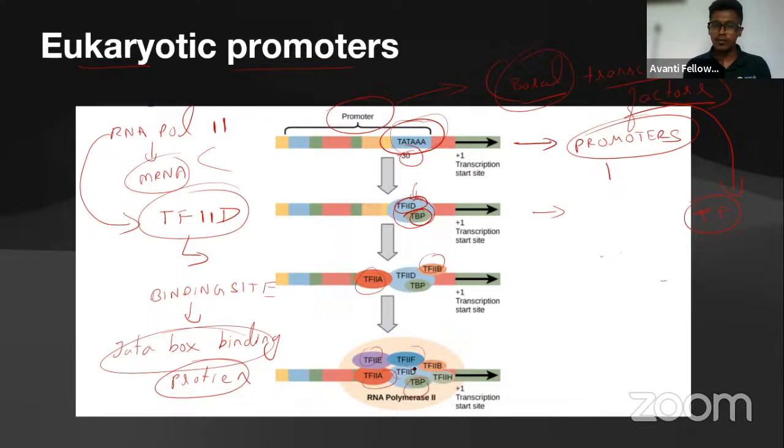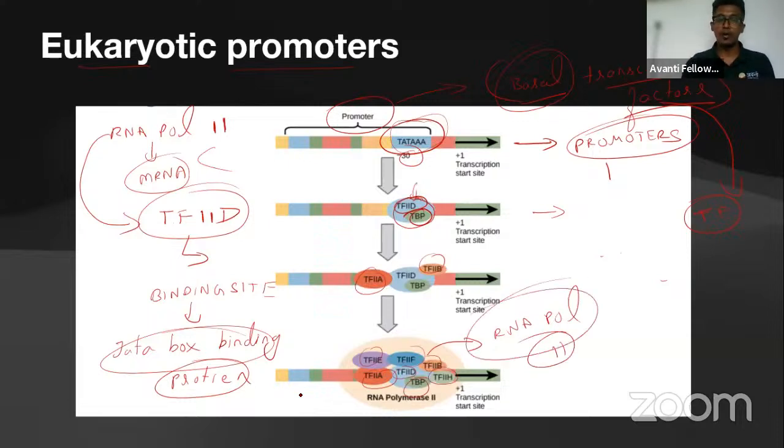Each of these transcription factors has a specific role to play. Now, what does it lead to? The assembly of all these transcription factors will lead to the formation of a functional RNA polymerase 2. So once we have a functional RNA polymerase 2, what happens? Your TATA box binding protein will dissociate.